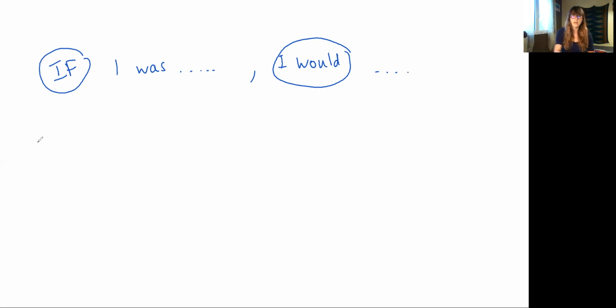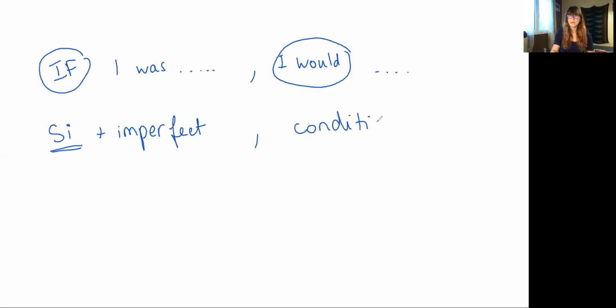So in French, you have si, which basically means if, okay? So si plus the imperfect, that's the was. Then the conditional. So si plus imperfect, then conditional.